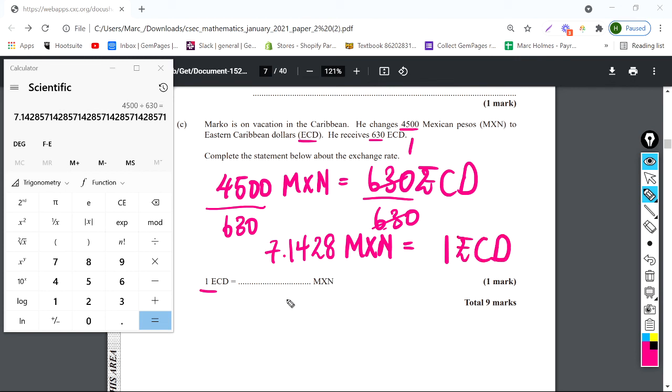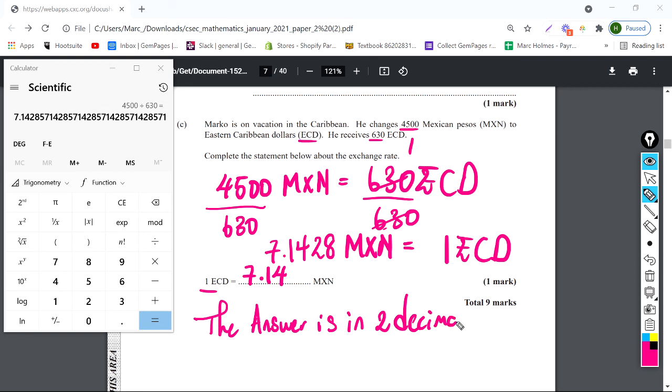So that definitely would be the answer, guys. 1 ECD is equal to 7.14 Mexican pesos. You can put in your answer that you're leaving the answer to 2 decimal places.